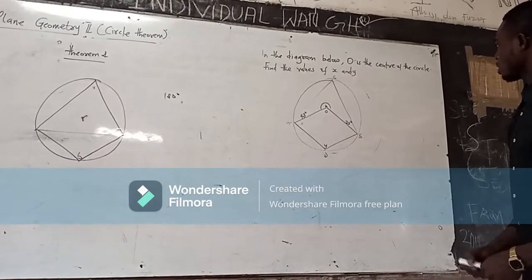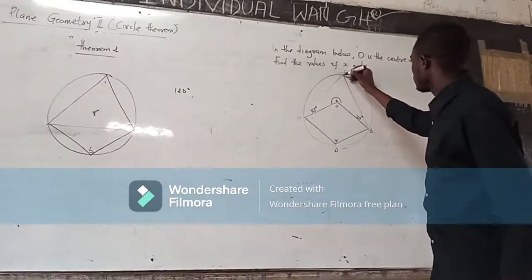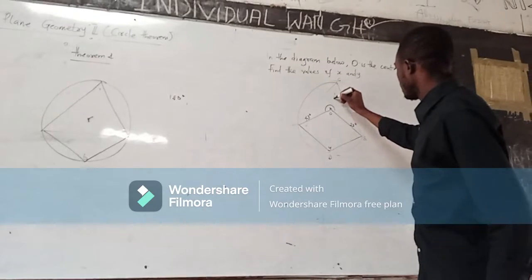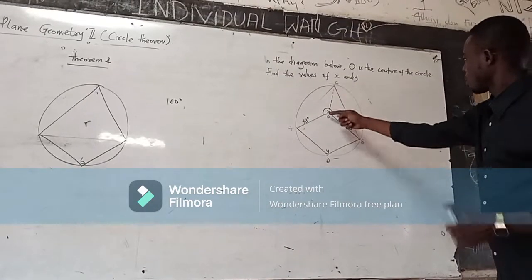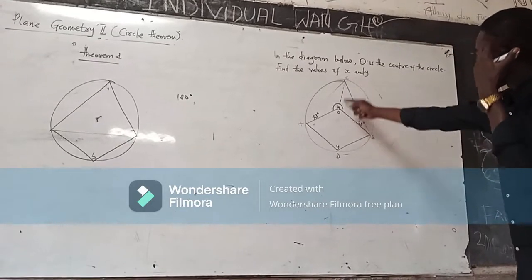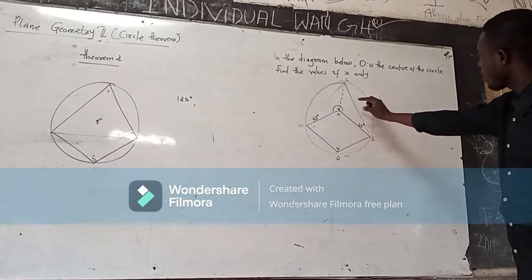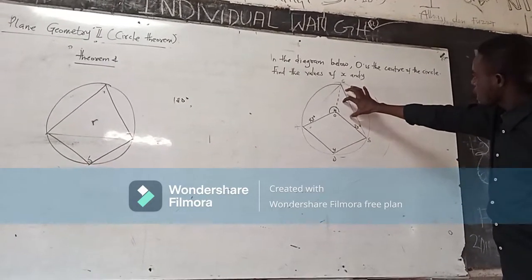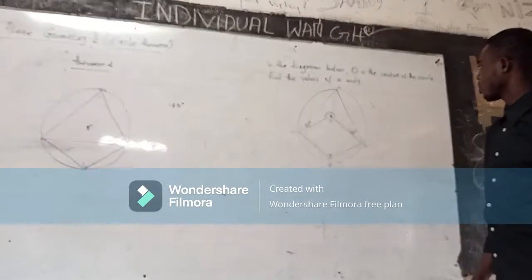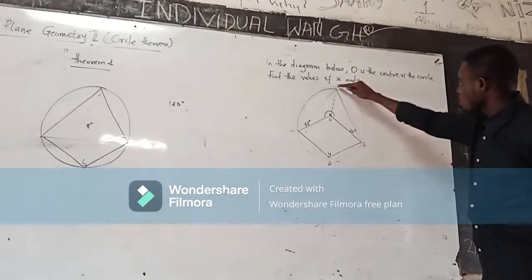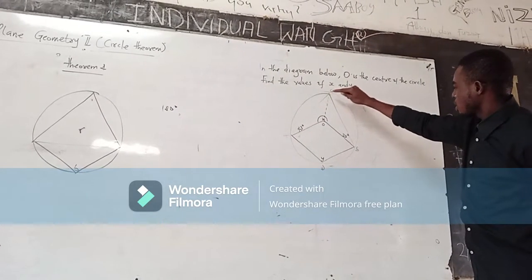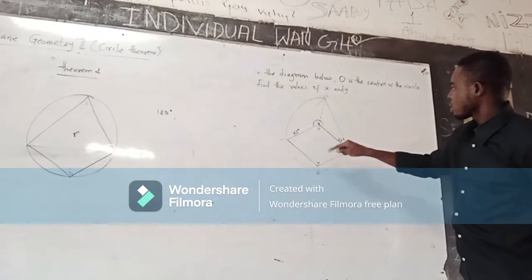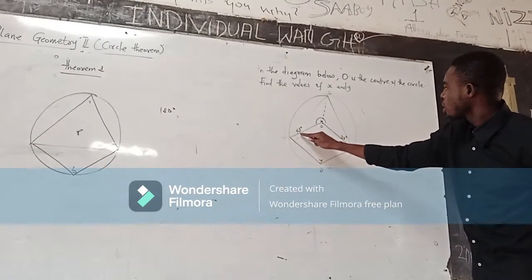So for this one you have to draw an imaginary line to bisect the triangle that is formed here. Now you have one triangle here and another triangle here. The line that you draw is also from the center to the circumference, so it will be a radius.